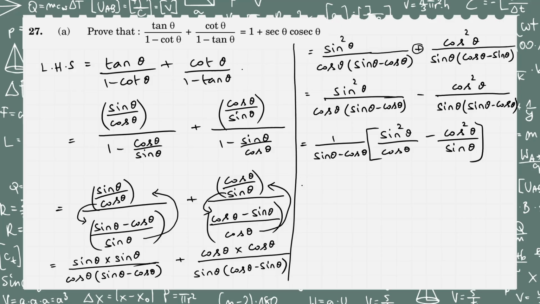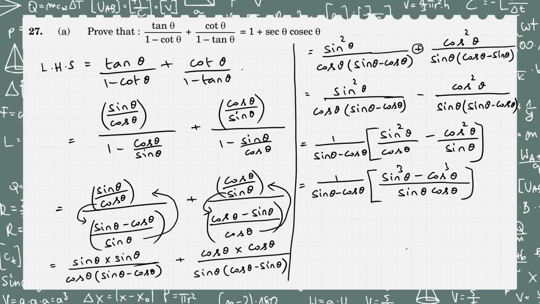So again we are going to take sin theta into cos theta as LCM for the bracket. We get 1 by sin theta minus cos theta into, taking sin theta cos theta as LCM, we get sin square into sin becomes sin cube theta minus cos square into cos becomes cos cube theta after taking the LCM, right?